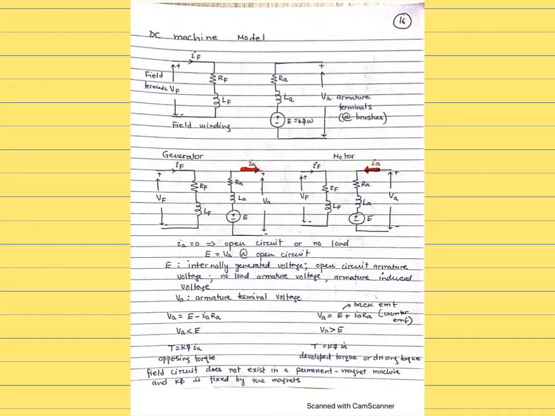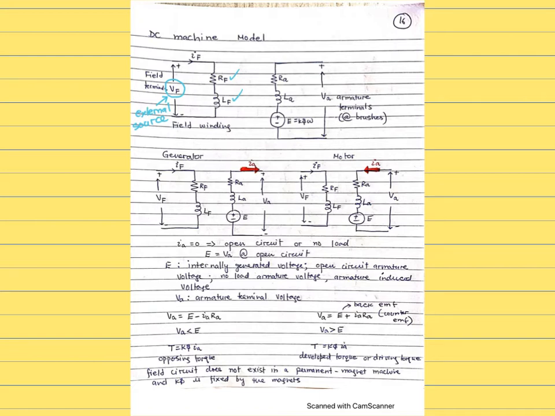What it does is take power from the external source, the external electrical power. So that external source is feeding the field winding, and once the current flows through the field winding, it produces the magnetic field. That's all the function is. That's why it is represented by a resistance and an inductance.